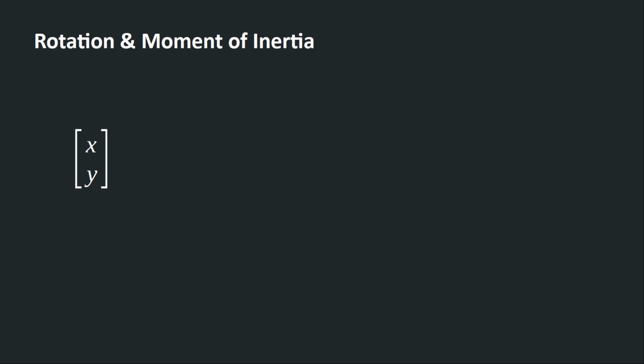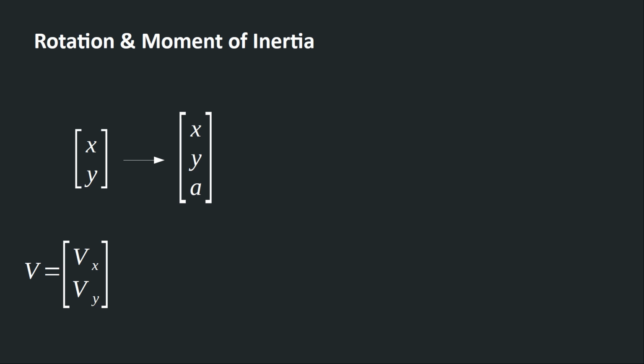So far, we've only been using the linear part of position and rotation. Now we're going to also look at the angular part. So in 2D, the position vector, the linear part is the x and y component. Now we're going to include a third component, which is the angular or rotation angle in 2D. Similarly, we're going to expand our velocity vector to include an angular term, which is the angular velocity omega.